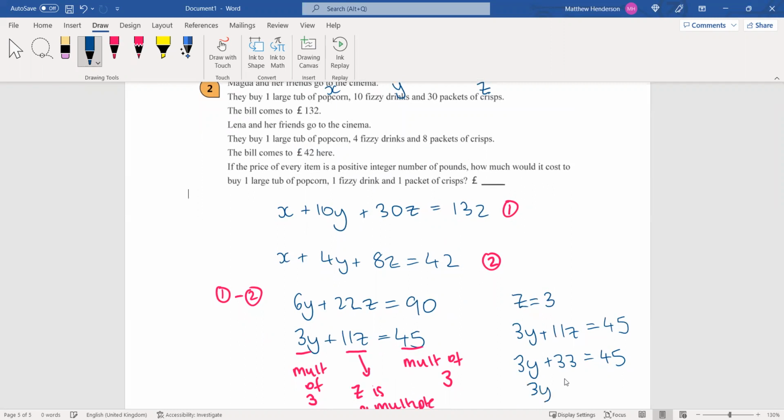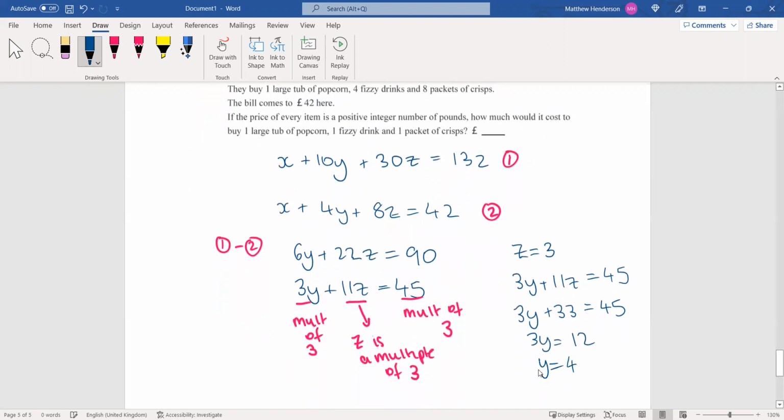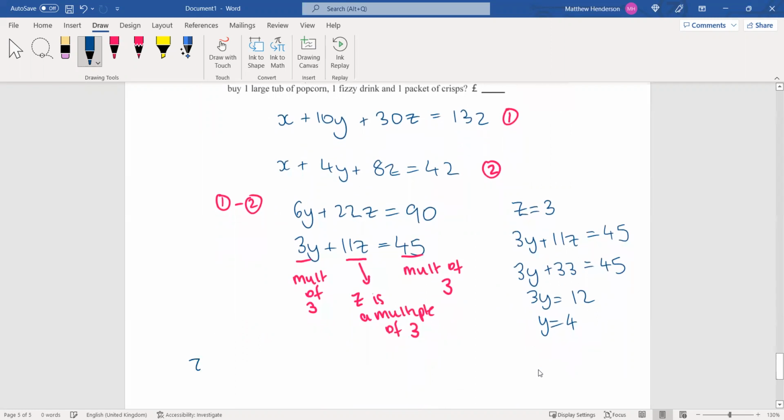And therefore we can see that 3Y is equal to 12 and Y is equal to 4. So we have our first possible solution. Z equals 3, Y equals 4.